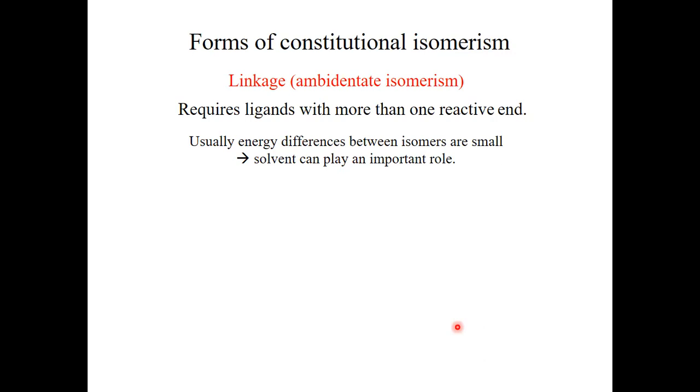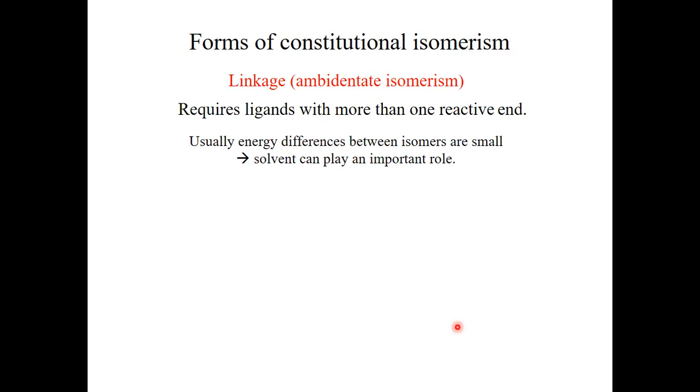Another form of constitutional isomer is the so-called linkage isomerism. And this kind of isomerism requires a ligand that has more than one reactive end. And that requires, of course, 2 donor atoms at these opposite ends.